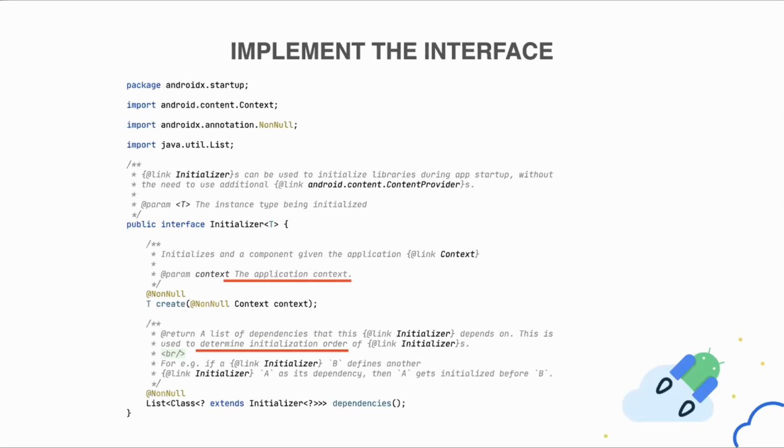So if you have a list of initializers that is set as a dependency of this parent initializer that you're going to implement, then these initializers will run first, and then the parent will run. Also, inside the dependencies list, the order is preserved. As you put them in order, they will initialize in that same order.